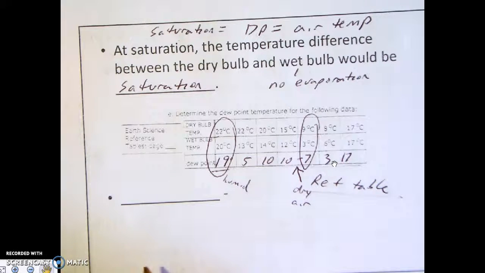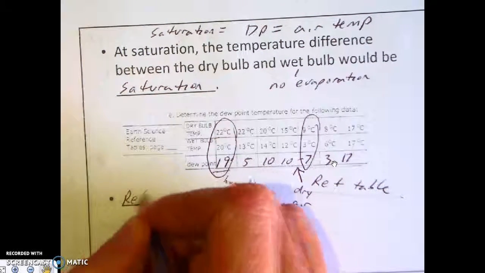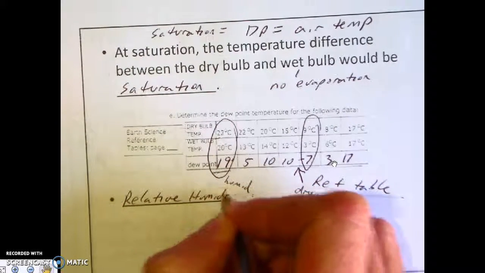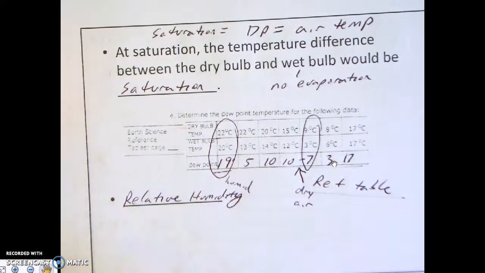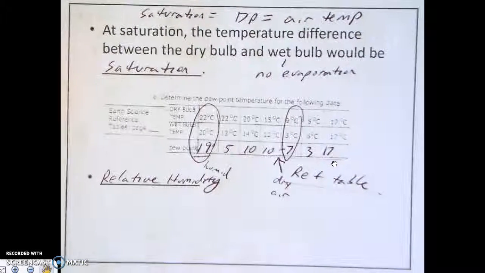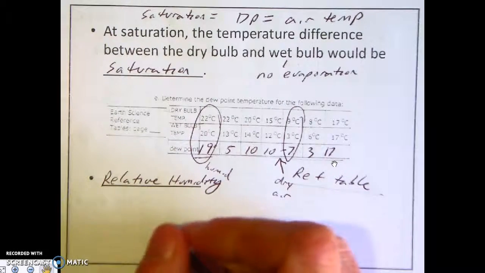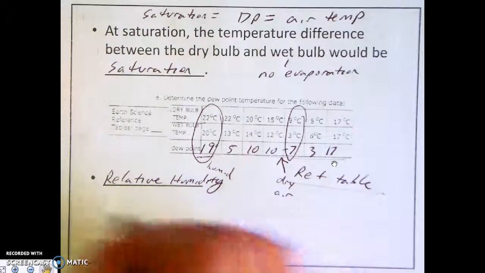So let's shift over to relative humidity now. Relative humidity is just a different way of measuring moisture. So there's two ways that we can assess the amount of water vapor in the air. One is dew point, the other relative humidity. Now, relative humidity is kind of a different thing than the dew point temperature.